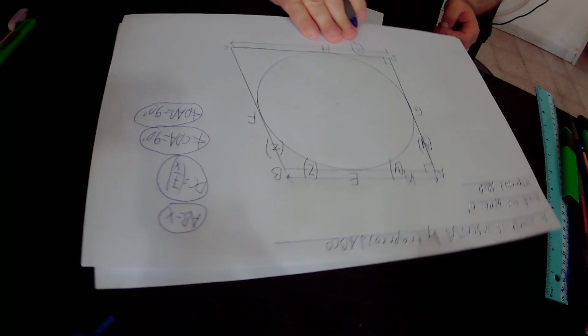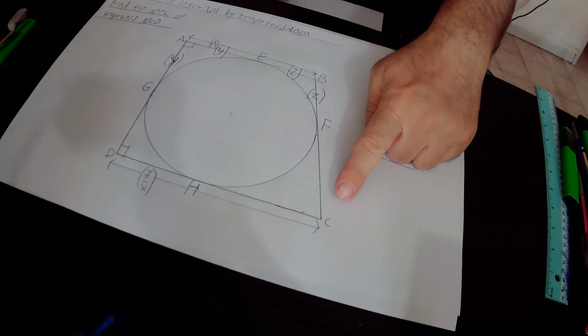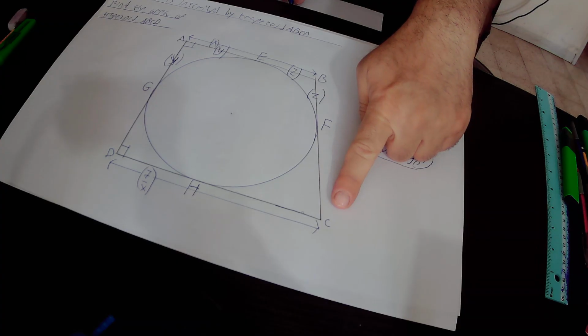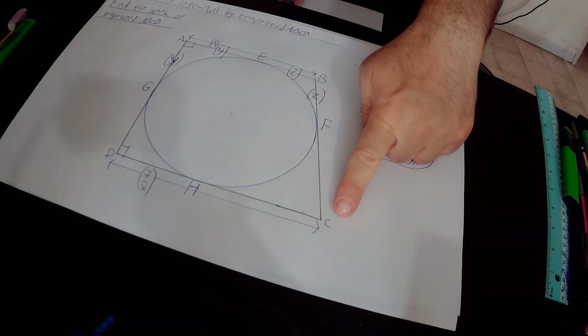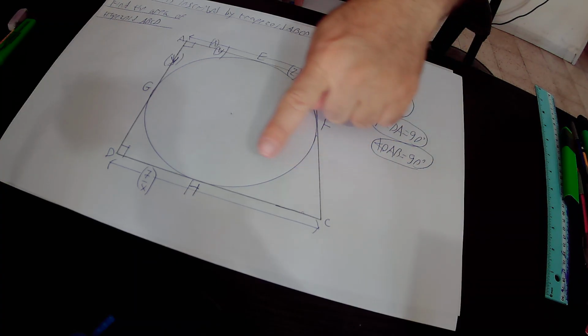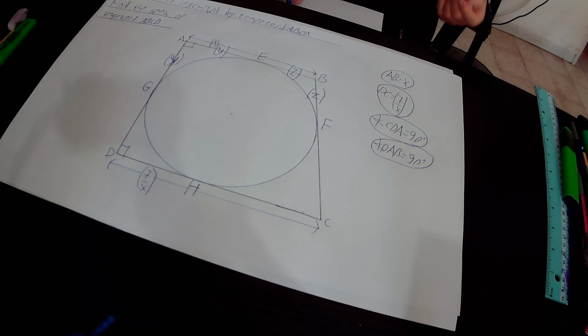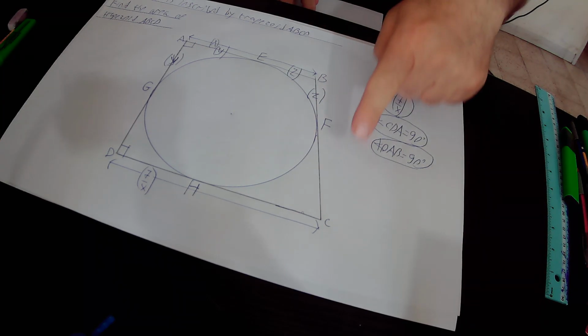Likewise, we focus on this point C. From this point C, we have two tangents to this circle, tangent CF and tangent CH. According to rule 2, they are equal to each other. That is to say, CF equals CH.